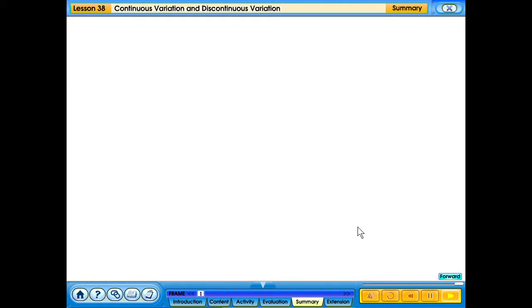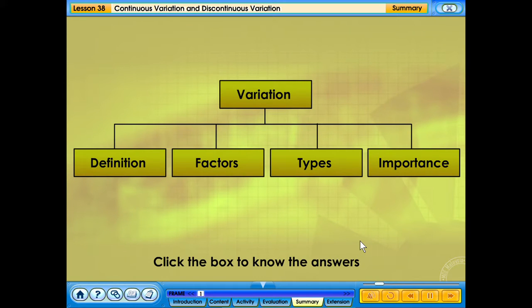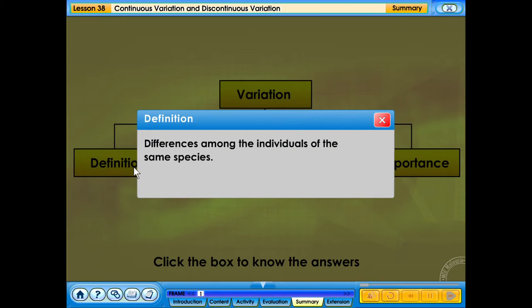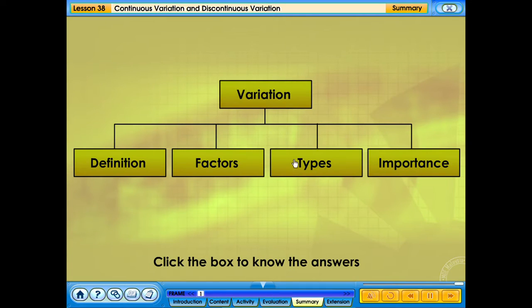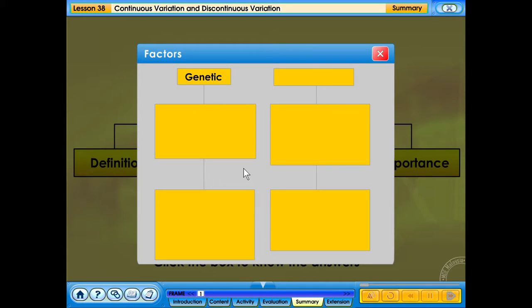In this lesson, we have studied the definition, factors, types, and the importance of variations. Click the box to know the answers. Differences among the individual of the same species. Genetic. Variation caused by genetic factors is inherited.